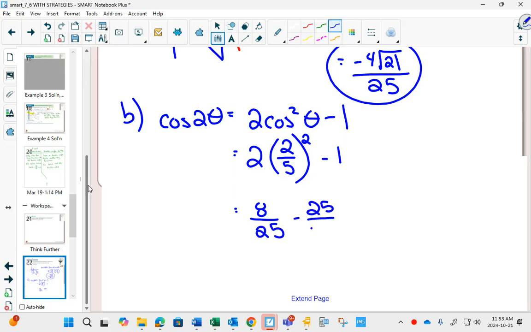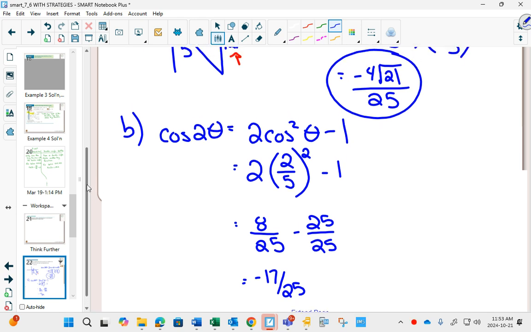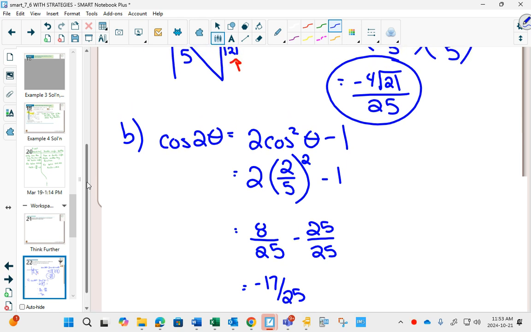I need a common denominator, so I'll change that 1 to 25 over 25. And I get negative 17 over 25.